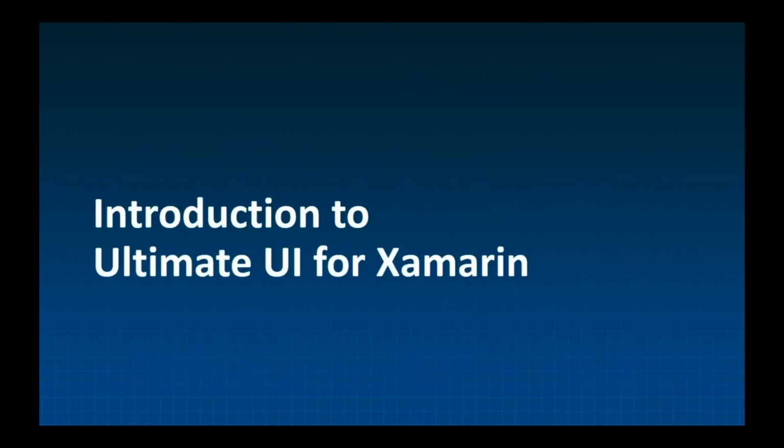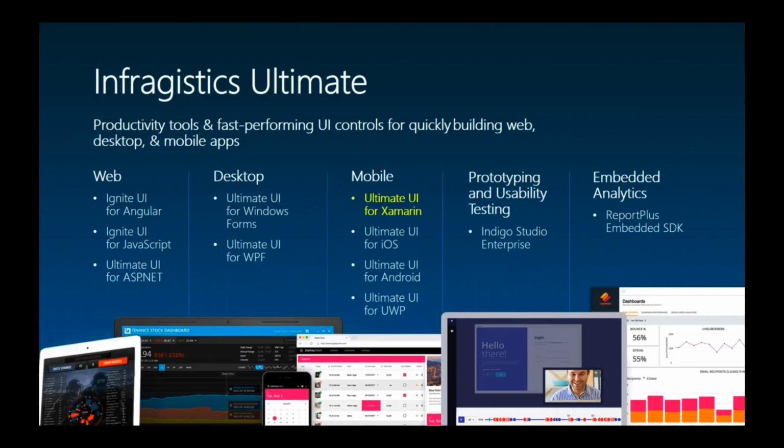Okay, so the next part is what we are offering to the market. In this section, I'm going to talk about the introduction to Ultimate UI for Xamarin. This is under the Infragistics Ultimate package bundle.